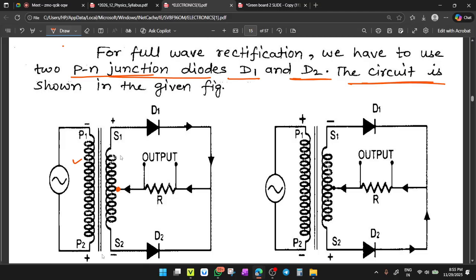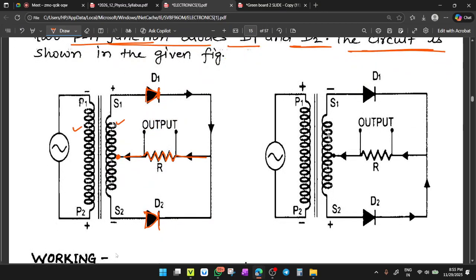This is your primary winding, this is your secondary winding, and one diode is on this side and another diode on this side, and from the central point of the transformer you take the output across the load resistance. Now what is happening there?